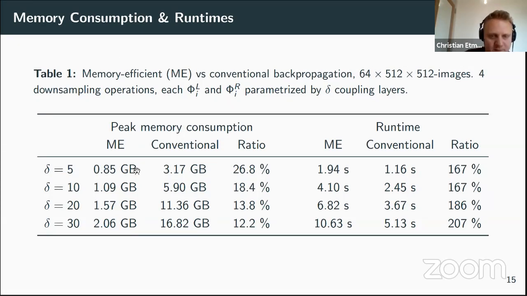And what we can see, for example, let's look at the first row, is that while the conventional backpropagation uses 3.17 gigabytes maximum, so we recorded the peak memory consumption during calculating all of the gradients, the memory efficient backpropagation only uses 0.85 gigabytes, meaning that we only need around 1/4 of the memory in order to train this network.